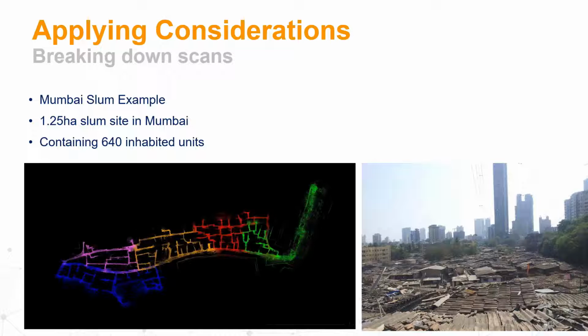This would be, for bigger projects, a suggested option how to break down the scans, but you don't just capture the linear roads and then individual smaller streets, but rather break it in a way that allows you to make this loop where you can approach the start location from a different walk path than you started originally.